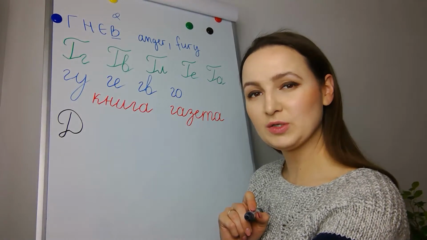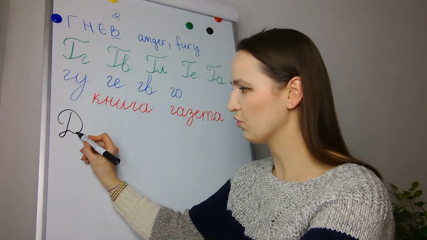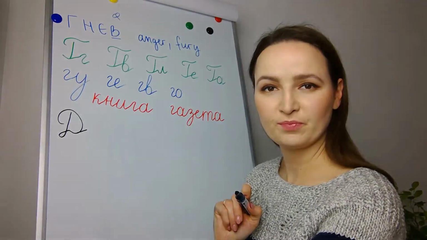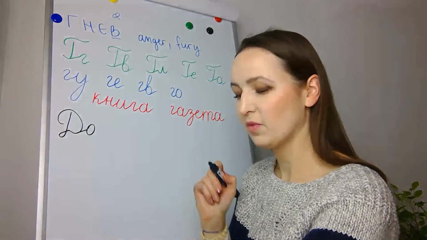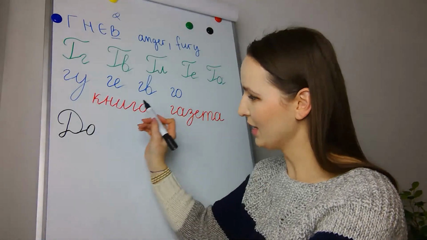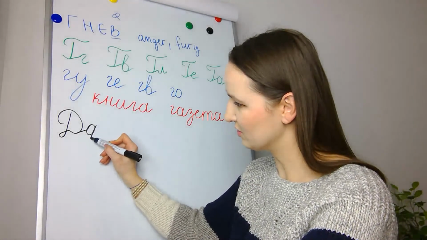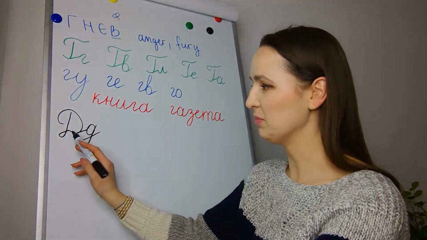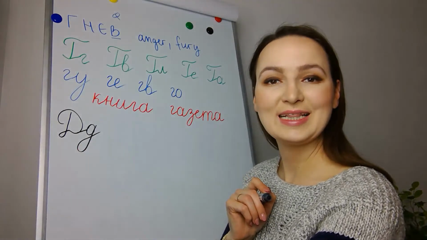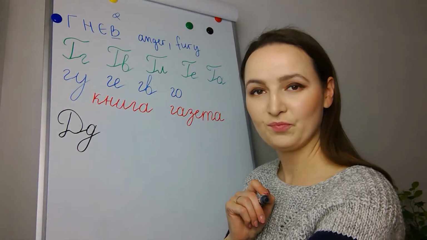Let's connect it with small d. Create a connection. O letter. D. And a leg. Let's write a leg. D. Capital D, small d. Буква D.